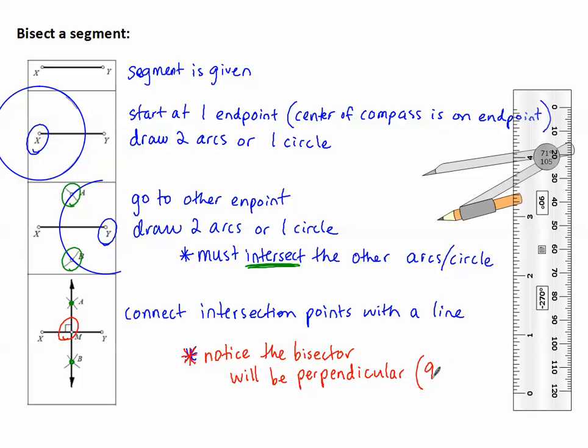Remember, that means it makes a right angle or 90 degrees to the segment. So not only are we drawing a perpendicular, not only are we drawing a bisector, we're drawing a perpendicular bisector. Maybe we make that note up here. Awesome.